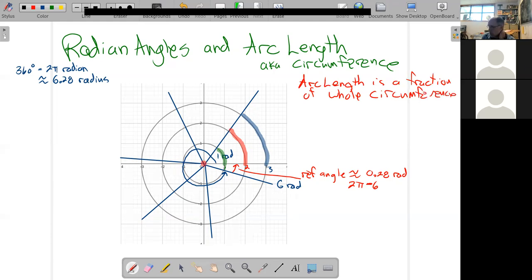So if I'm on this circle of radius 3 out here, let's use that in blue. So if I have a circle and the radius is equal to 3, and I've covered an angle, usually we use the Greek letter theta to measure an angle, and I said, hey, my angle is exactly 1 radian. And I want to know what's the arc length I've covered there.